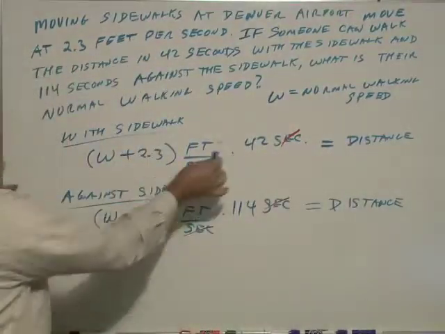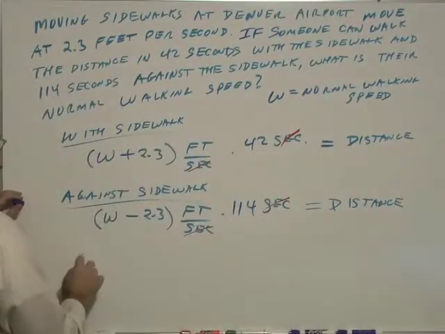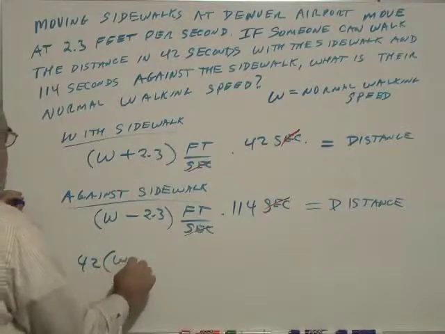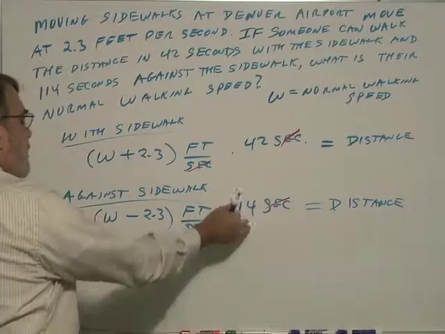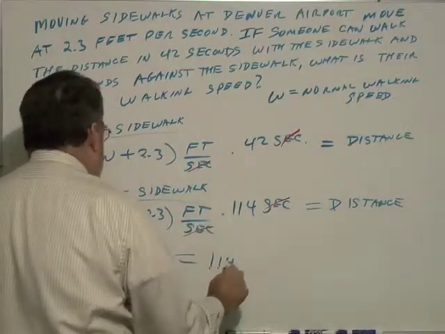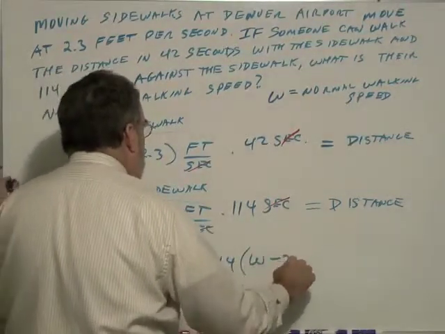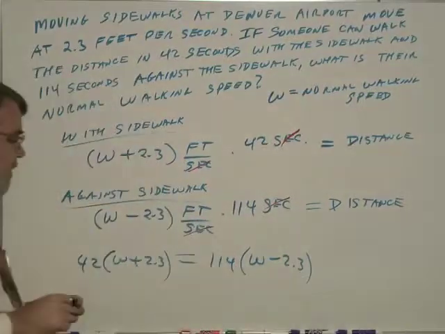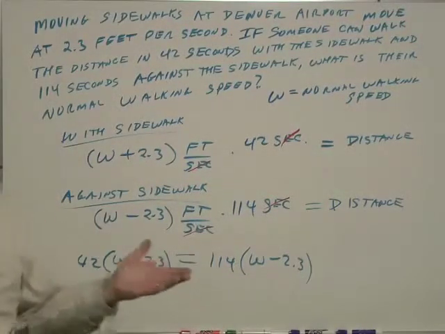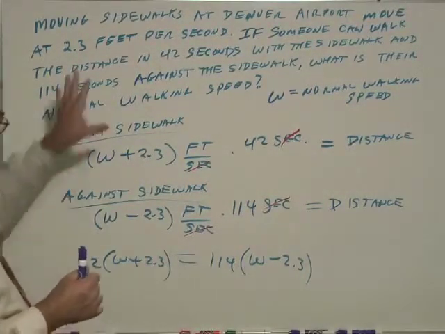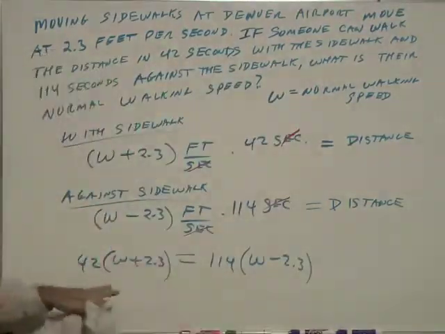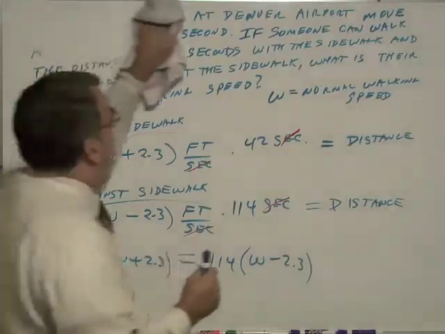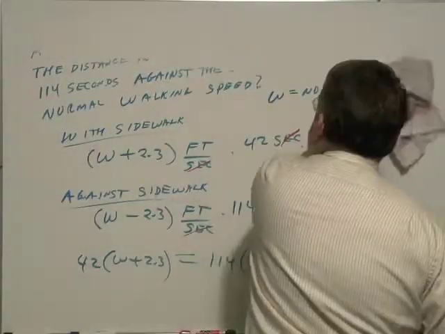I have 42 times W plus 2.3 equals 114 times W minus 2.3. And there's our equation to solve. So I need to do a little erasing in order to finish solving, but it doesn't look like a tough equation, does it? So let's go ahead and wrap it up here.